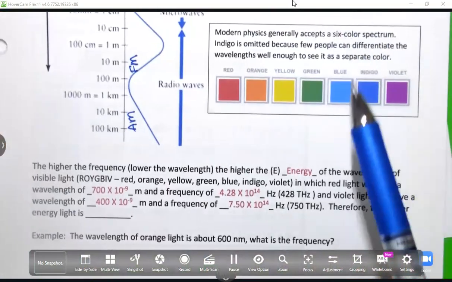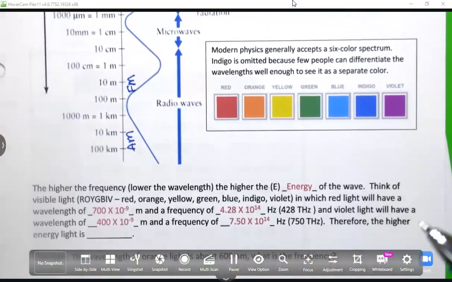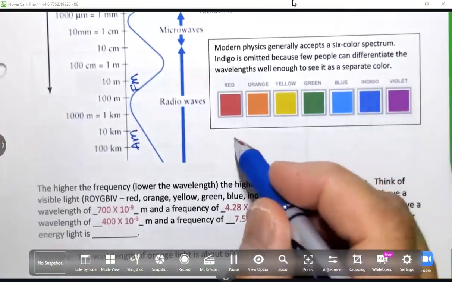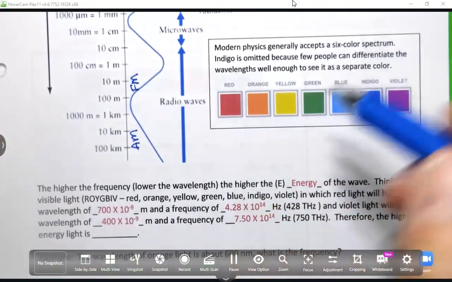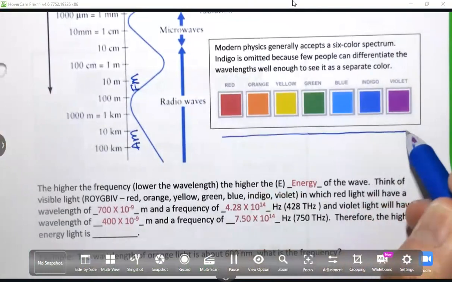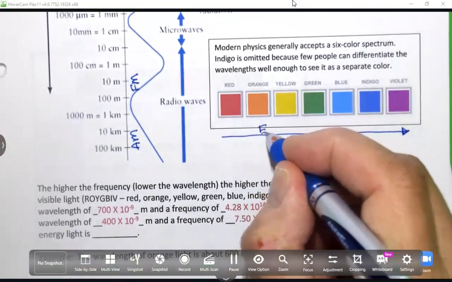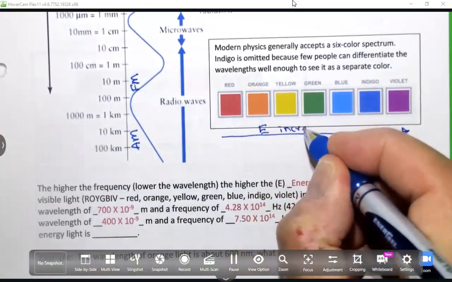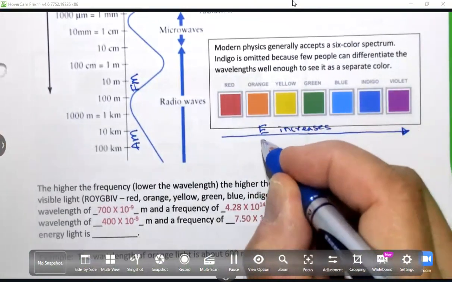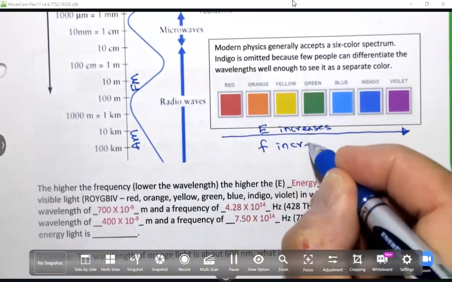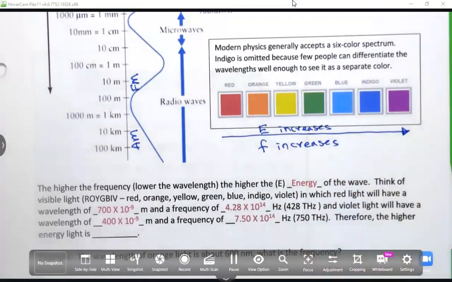Okay, remember our energy goes the same way as this diagram goes. Energy increases because frequency increases this way. They go together.